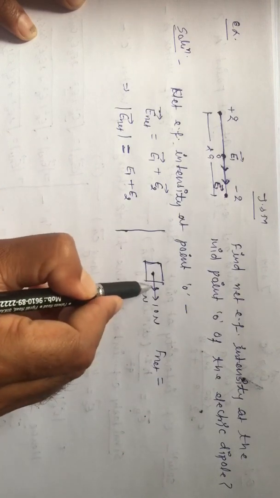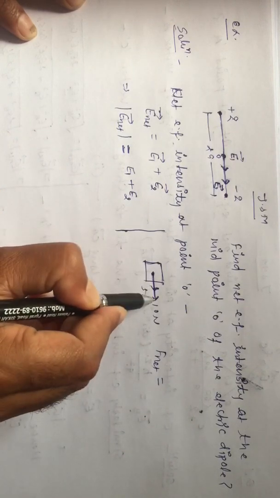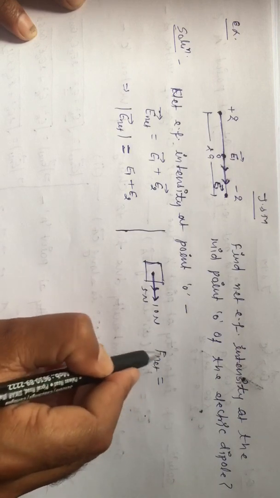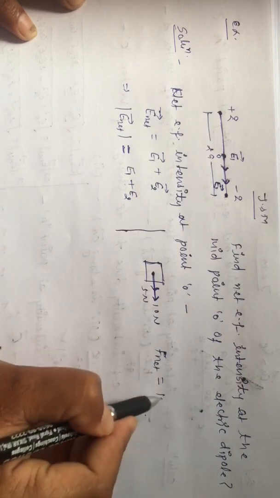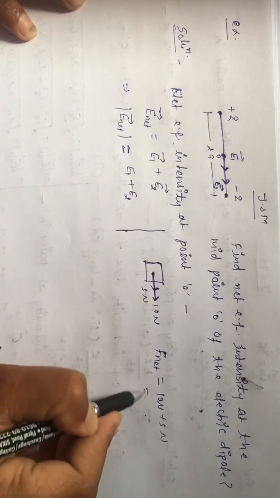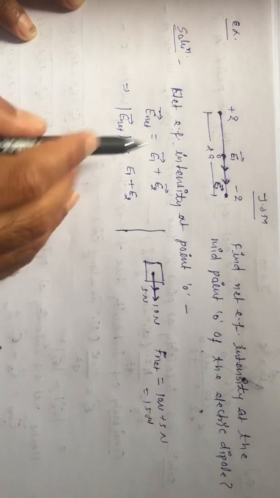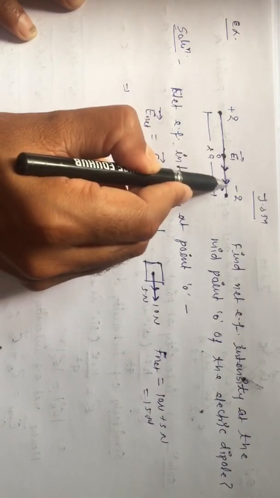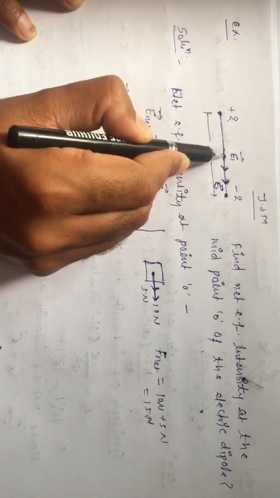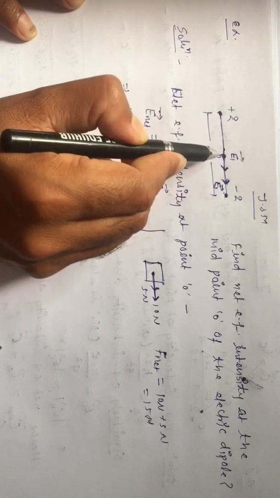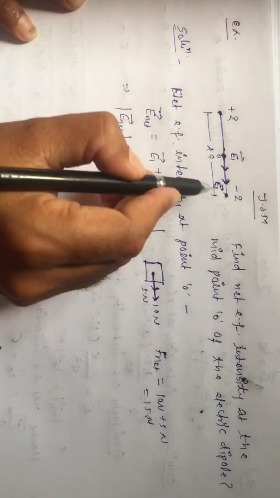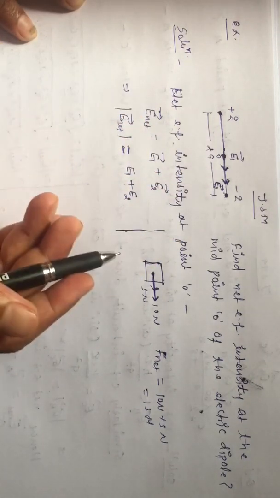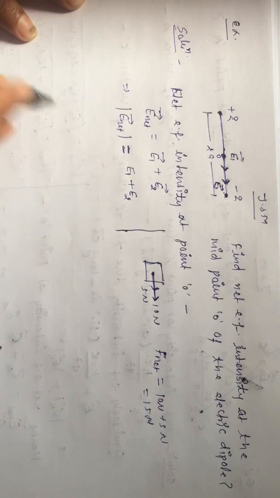Whenever two vectors act in the same direction, the net comes directly from their addition: 10 Newton plus 5 Newton, net force is 15 Newton. Similar happens here. E1 vector and E2 vector, the intensities due to plus Q and minus Q charge, are both in the same direction.